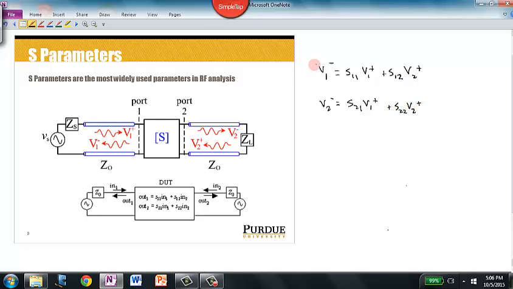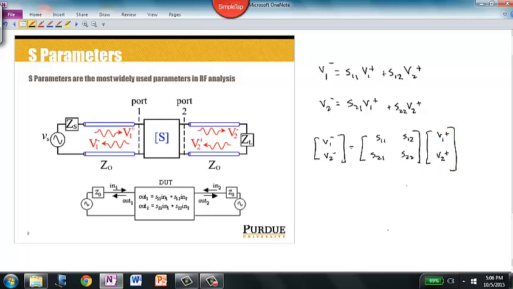And so these are the scattering parameter equations, and they're often just written in matrix form as V1 minus over V2 minus is equal to the S parameter matrix S11, S12, S21, and S22 times the incident voltage waveforms V1 plus and V2 plus.